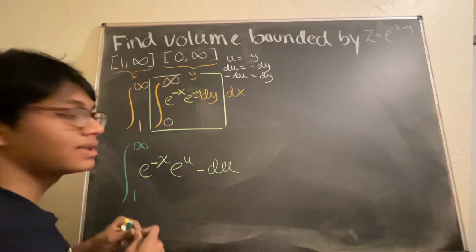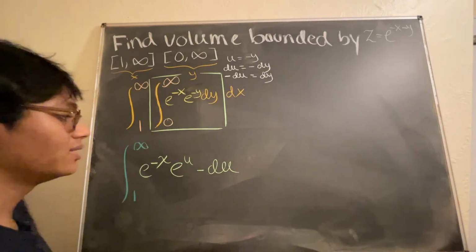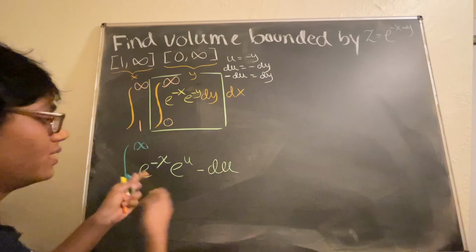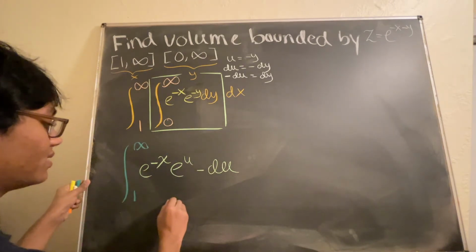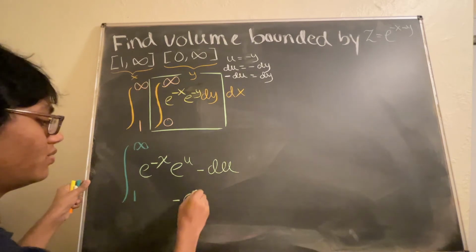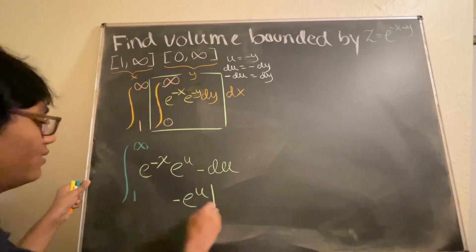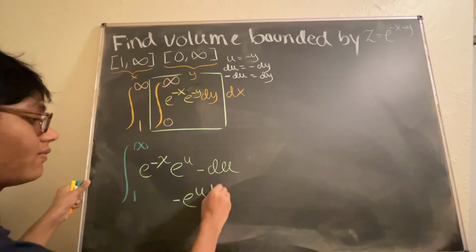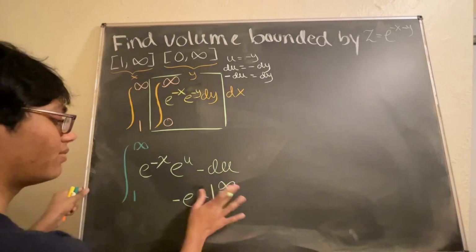And now you'll see everything starts to make sense, right? I can take this e to the u, and of course the integral of e to the u du is just e to the u. So this right here is just going to become minus e to the u, evaluated from 1 to infinity. But of course u, remember, is negative y. So let's pop that back in.